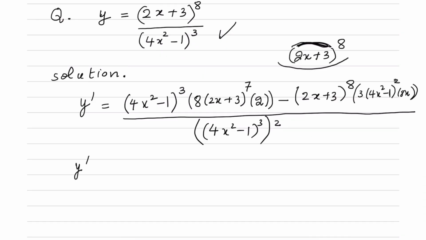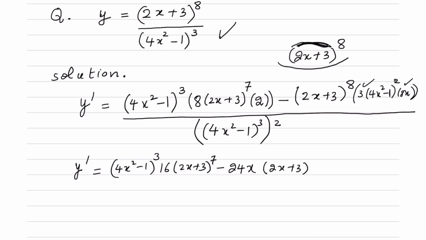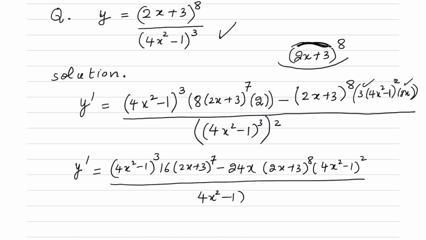We can write this expression in a simplified form. (4x square minus 1) to power 3, 8 into 2, that is 16, into (2x plus 3) to power 7, minus 24x, because here we have 3, here we have 8, 24x into (2x plus 3) to power 8 into (4x square minus 1) to power 2, whole divided by (4x square minus 1) to power 3 into 2, which is 6. So this is how we apply the quotient rule of derivative.